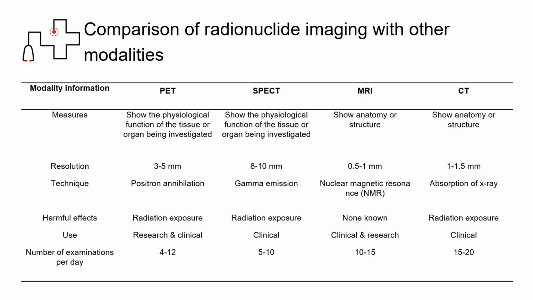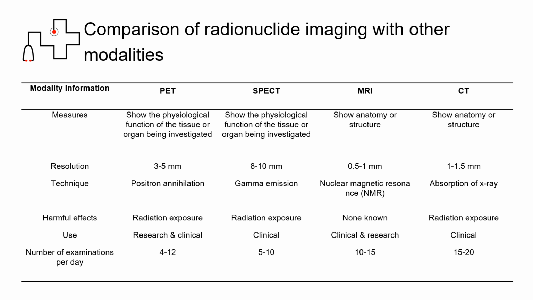The technique for PET is using the positron, the concept of positron annihilation, and for the SPECT is gamma emission. The MRI uses the technique of nuclear magnetic resonance (NMR), and for the CT is absorption of X-ray.